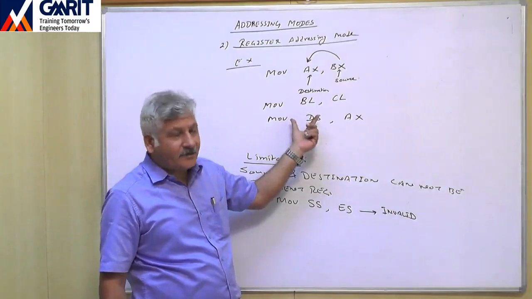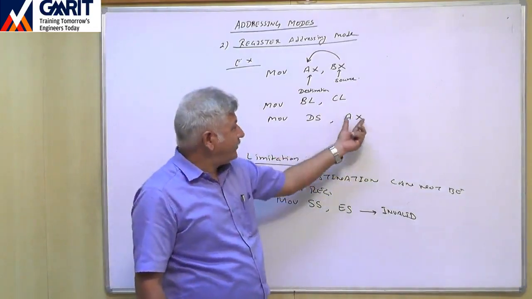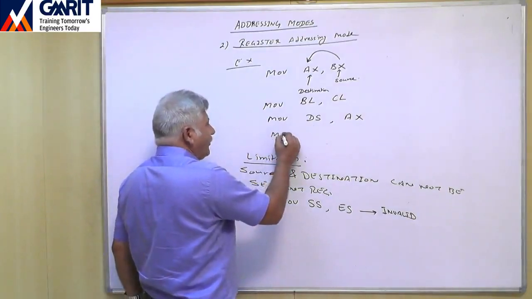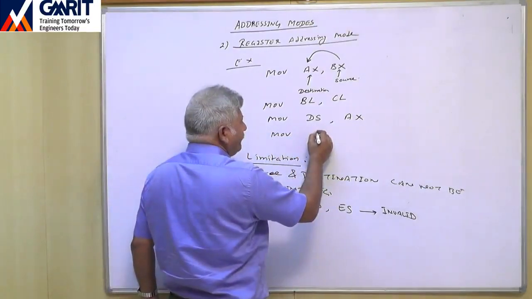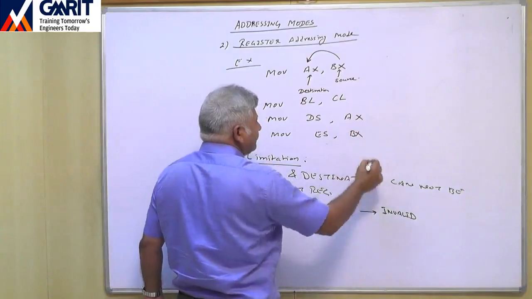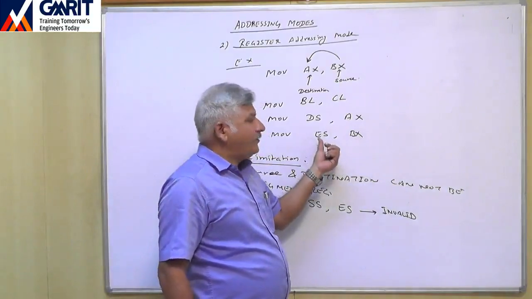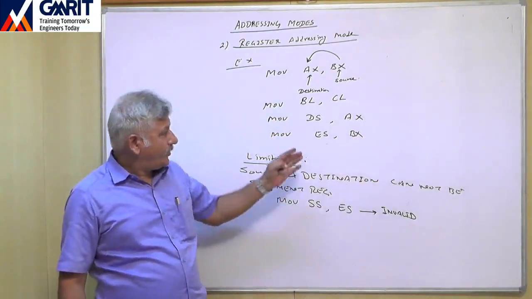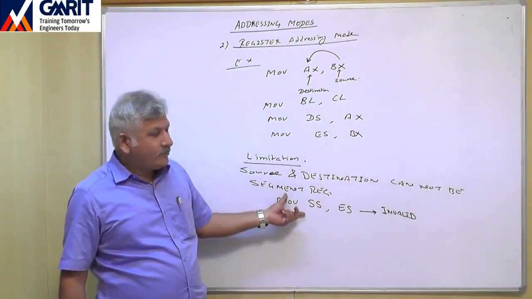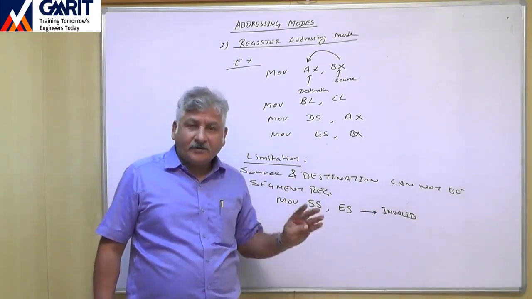So this instruction is valid because our destination and source both are not segment registers. One register is general purpose register, second is segment register. So any this format can be used. Move ES, BX. So here 16-bit content of BX register, we are trying to move in extra segment. So this is a valid instruction. So you must remember that you should not use that instruction in which you are using both source and destination as segment registers, right?